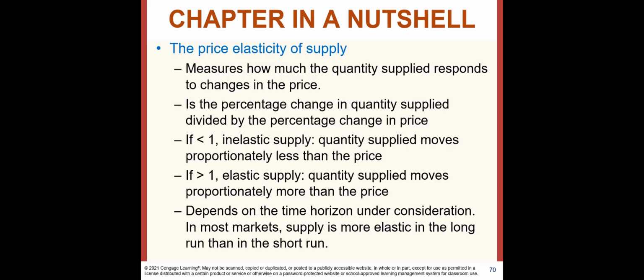The price elasticity of supply measures how much the quantity supplied responds to changes in price. It is the percentage change in quantity supplied divided by the percentage change in price. Less than 1, inelastic supply; greater than 1, elastic supply. It depends on the time horizon under consideration. In most markets, supply is more elastic in the long run than in the short run.